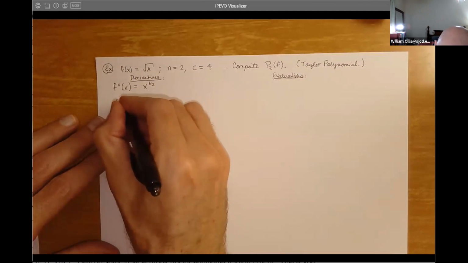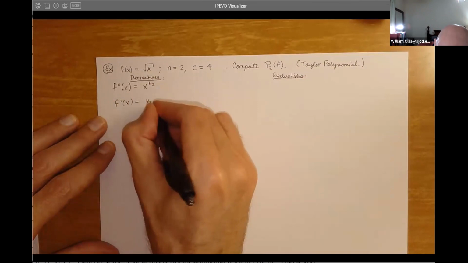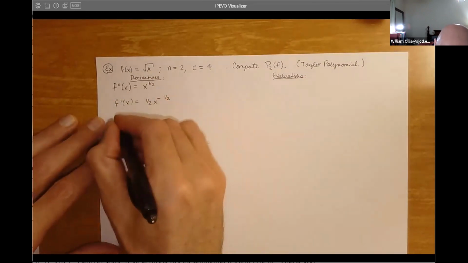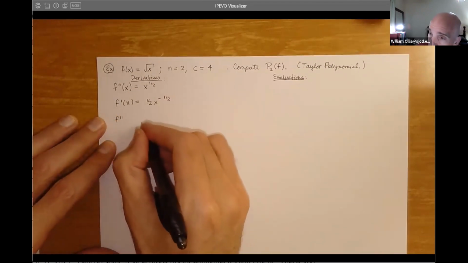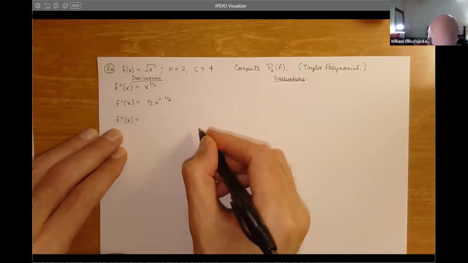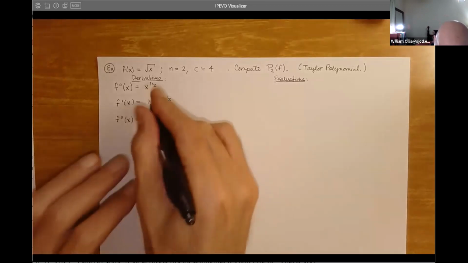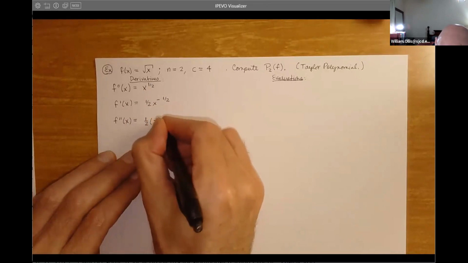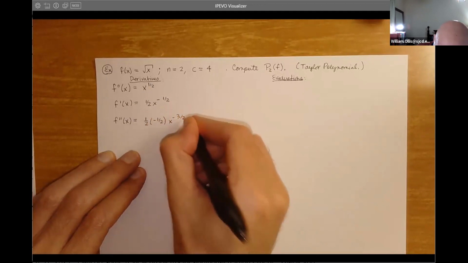So f prime, our friend from calculus 1, 1/2 x to the negative 1/2. Very simple, power rule. Always good to subtract 1. And then, of course, if we take one more derivative, in this particular case, we'll get 1/2 times a negative 1/2 x to the negative 3/2.